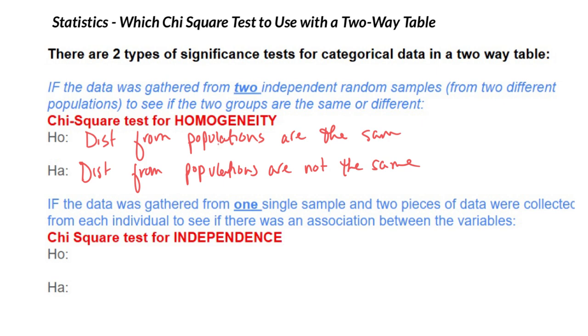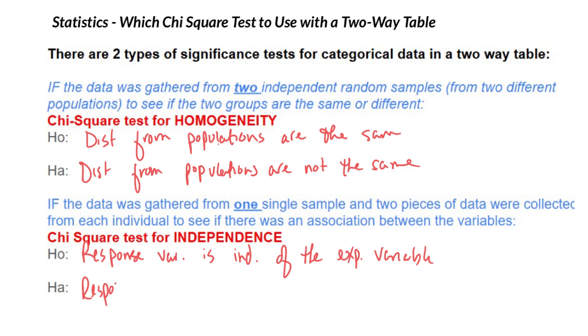And this is what's called the chi-square test for independence. And the null is that the basically response variable is independent of the explanatory variable. And the alternative is that it is not.